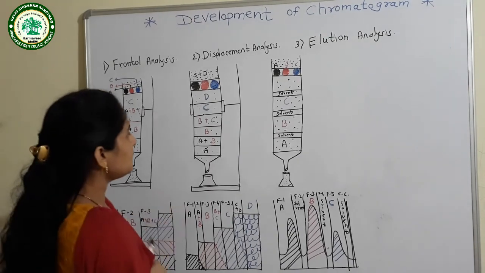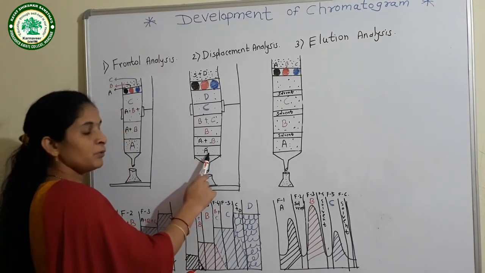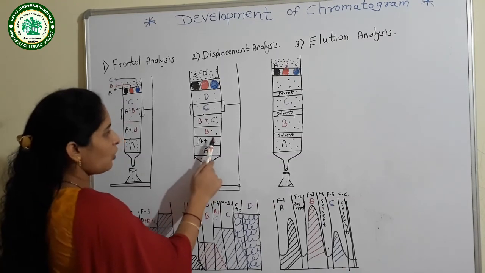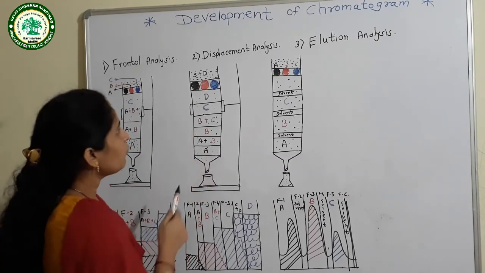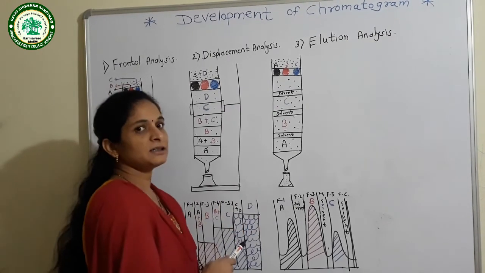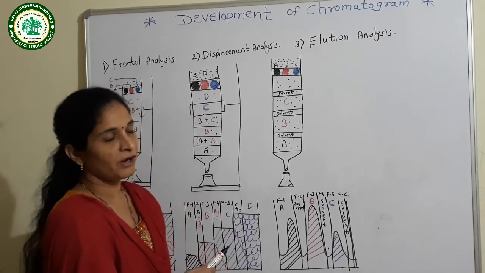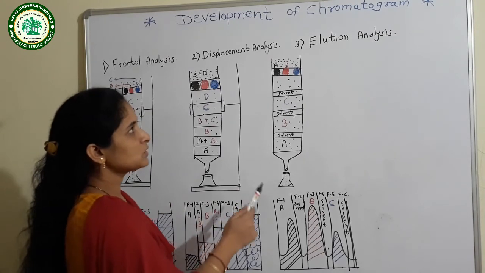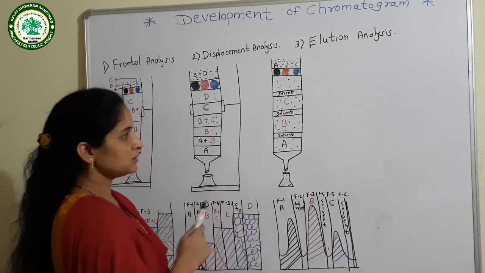In displacement analysis, along with the pure component, we get a mixture of components. Therefore, this method is also rarely used. But in elution analysis, we get 100% purified components. Therefore, mostly the elution analysis method is used.